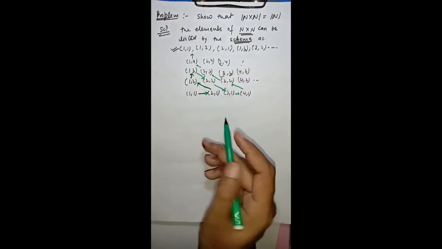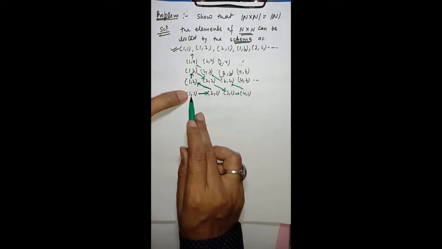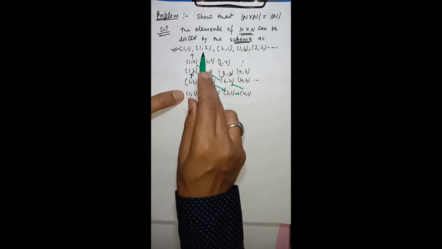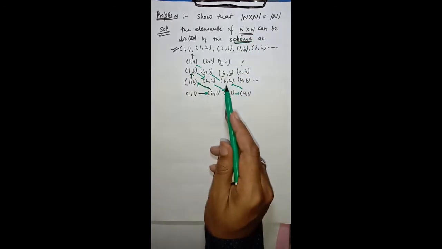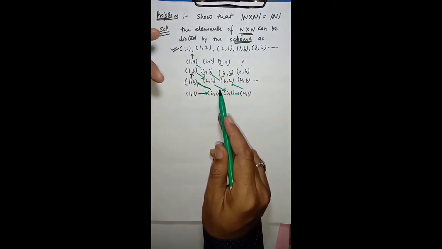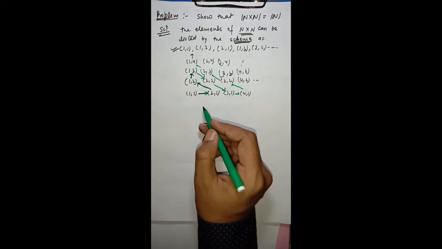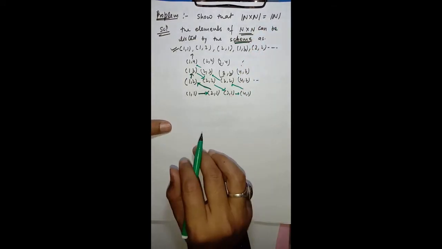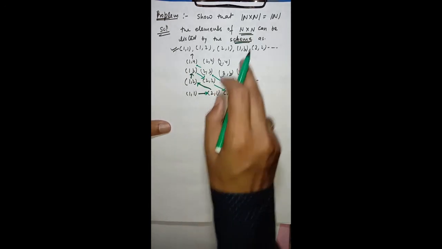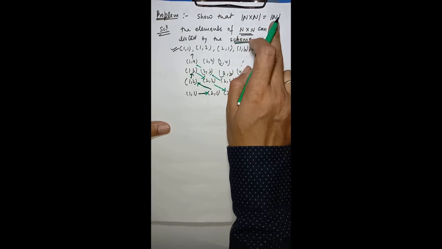That means we have a function from the set of natural numbers to these ordered pairs. Now the idea is, if we have a scheme to count the elements, that means we have a function, or we can say we have a 1-1 correspondence. And now if we have a 1-1 correspondence from N to N cross N, then we can say that the cardinality of N cross N is equal to the cardinality of N.